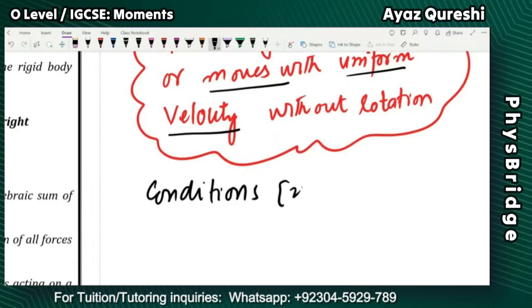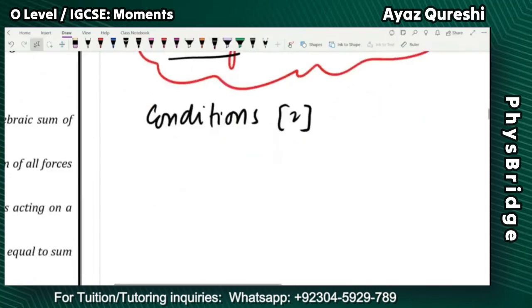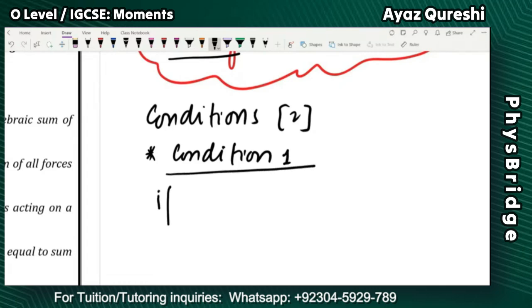Condition number one is that the body will be in equilibrium if the sum of all forces equals zero.